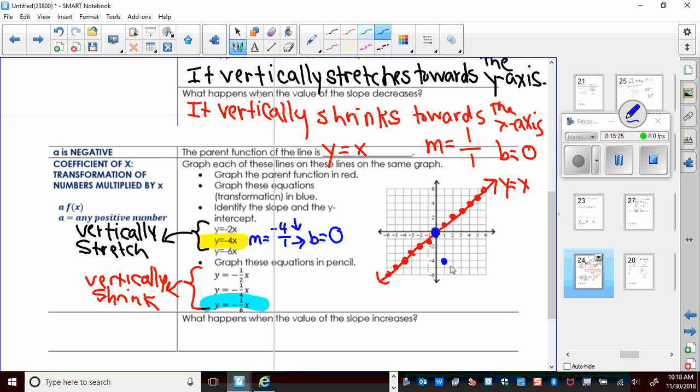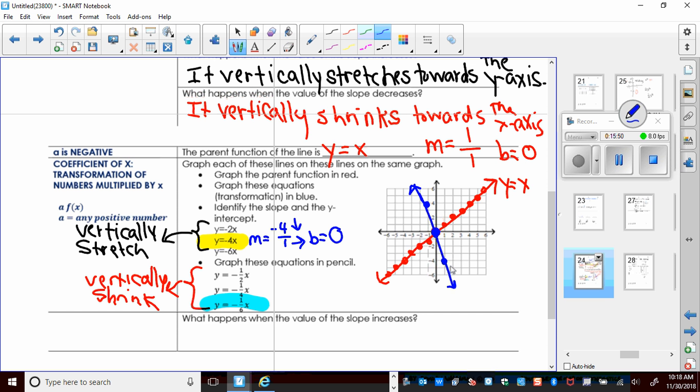So up 4 from 0 and then left 1. If you notice, it looks weird. It crosses over that line in the opposite direction, but it's still steeper. It's gotten closer to the y-axis. It's just flipped over and closer to the y-axis.